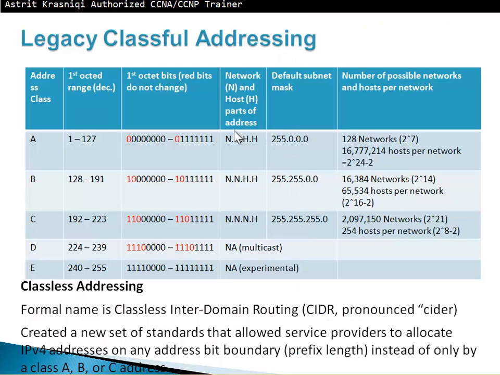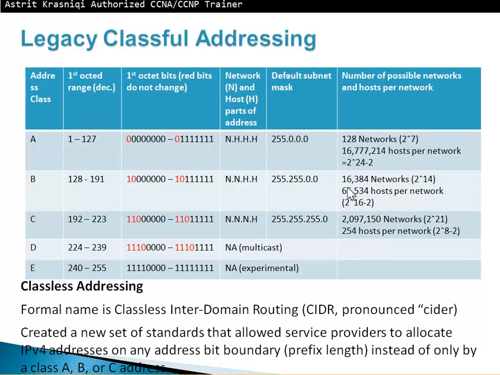So we have a network and the host parts of the address. In class A, the first octet was the network, and the last 3 octets were the host, or represent 255.0.0.0. With this, we could have 128 networks, and each network can have just above 16.7 million addresses. Class B address, the first 2 octets will represent a network.